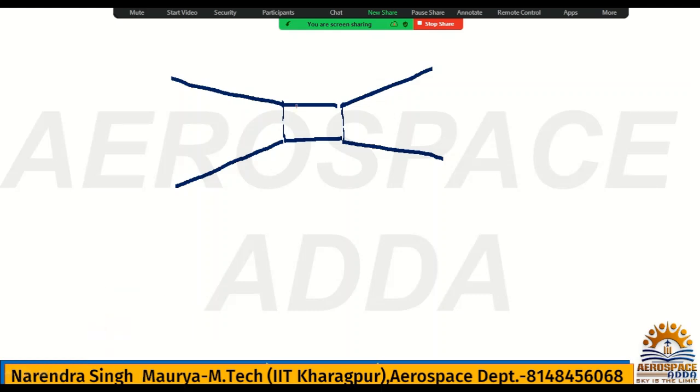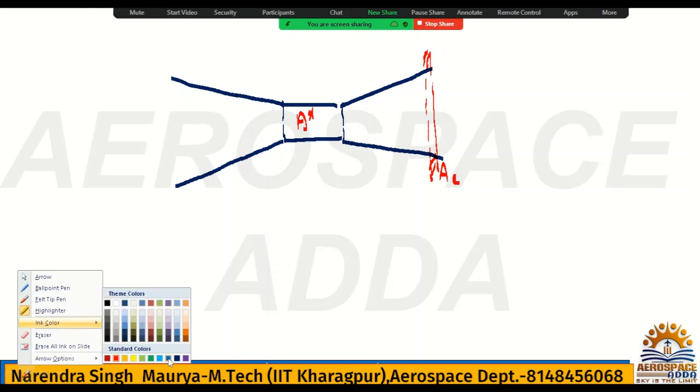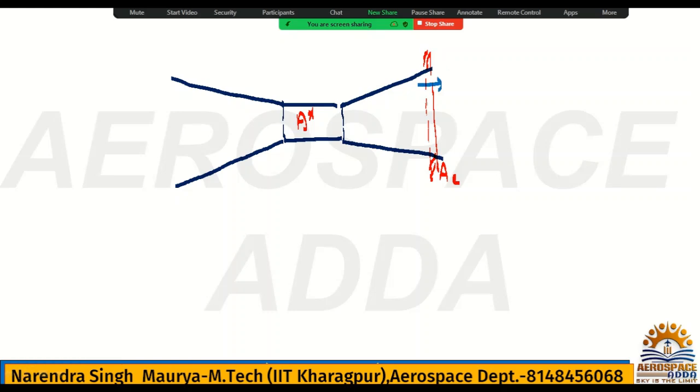But the condition is you should remember the formulation for A star and another exactly at the exit A. So what will be the Mach number here? Because it's an exit, I am considering exit, so the Mach number will be ME.